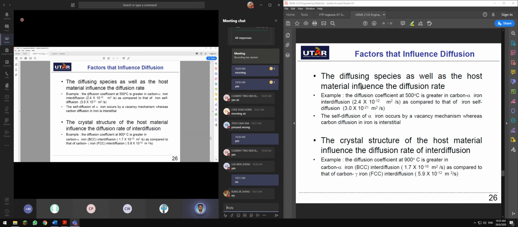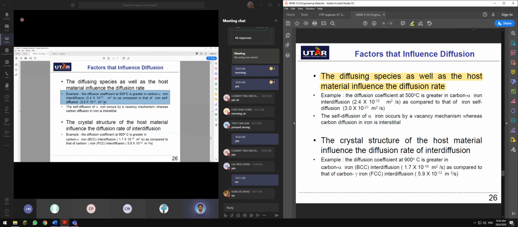As an example, the diffusion coefficient at 500 degrees Celsius, a fixed temperature, is greater in carbon in alpha iron interdiffusion, which is 2.4 times 10 to the power of -12 meters squared per second, as compared to that of iron self-diffusion, which is 3 times 10 to the power of -21 meters squared per second.